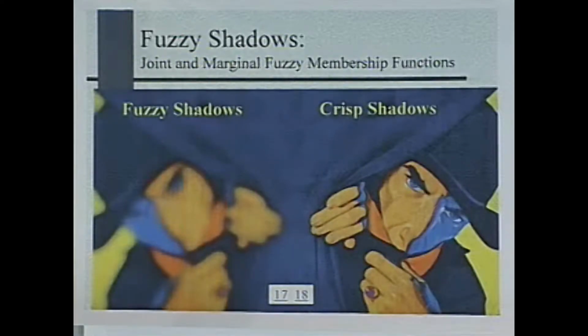So we're talking about shadows. We're talking about joint and marginal fuzzy membership functions. And it turns out that you get these marginals from the joints in a kind of similar manner to how you do with respect to a probability density function.